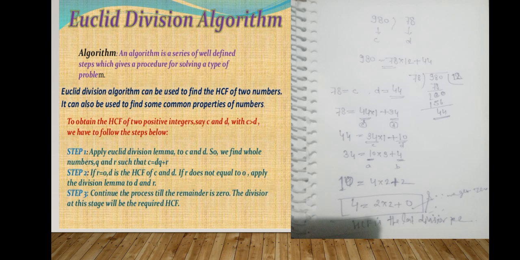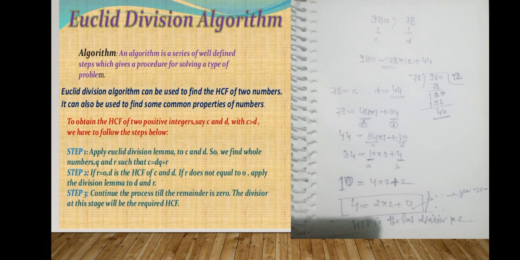An algorithm is a series of well-defined steps which gives a procedure for solving a type of problem. Hence, if you differentiate between lemma and algorithm, you can say that a lemma is a proven statement used for proving another statement, while an algorithm is a series of well-defined steps which gives a procedure for solving a type of problem.